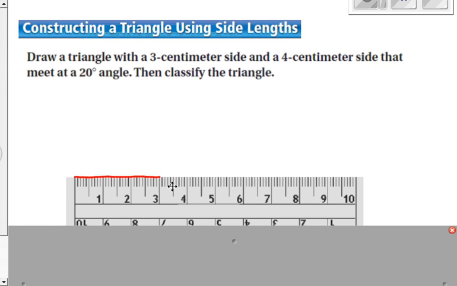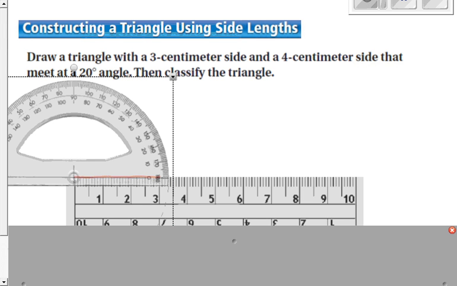Now it says a 4-centimeter side that made a 20-degree angle. So now I need to get my protractor out. And with my protractor, I'm going to make a 20-degree angle, which is right here. Now, I am finished with my protractor.